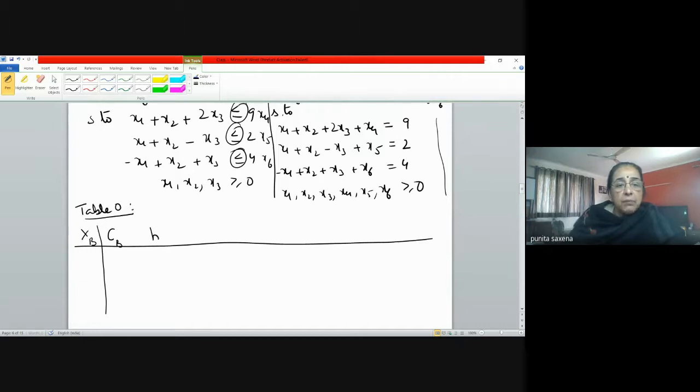Then comes our B, because it is B inverse B that gives us the solution, right? So from here we will get new sets of solutions. Now, again, I'll make a block here. This is how I will do it, and this is what you can do. It's slightly different from the book, but just get used to this. Then here I will list all my variables.